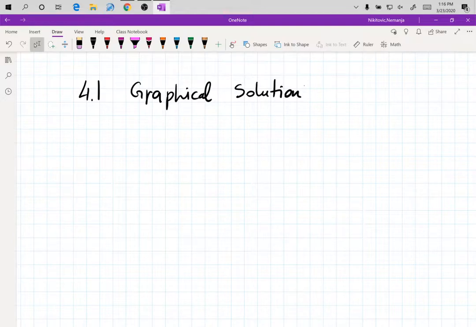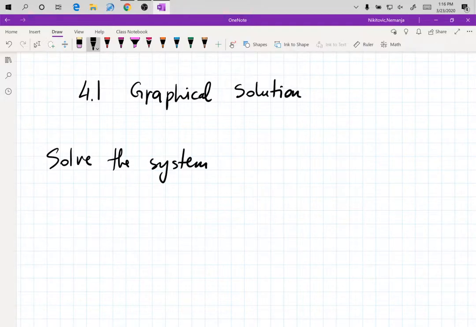So let's say we have two equations and we want to see if they have a solution somewhere. So let's say you want to graph an equation, so solve the system.